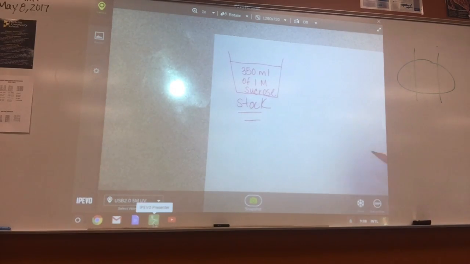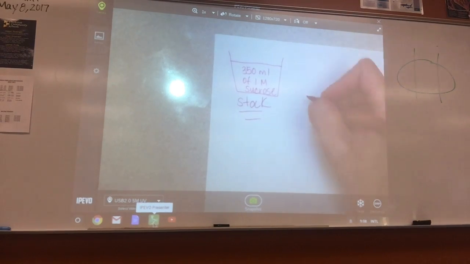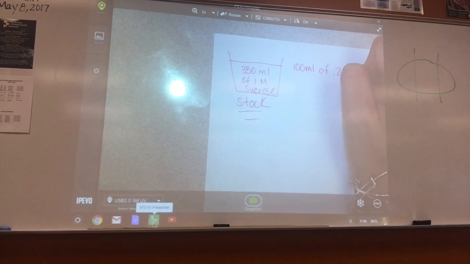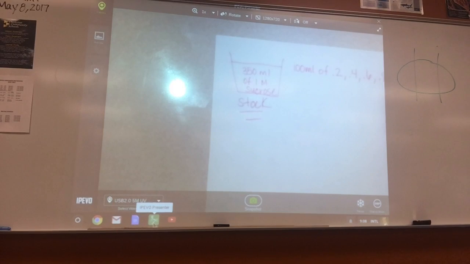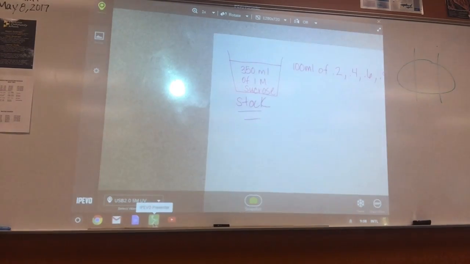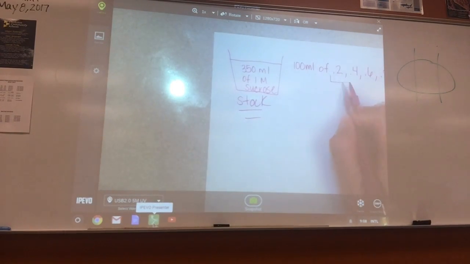So how are you going to do that? You're going to make 100 milliliters of each of these, and the 1 molar you don't have to make because you'll already have 100 milliliters left over from your stock solution.